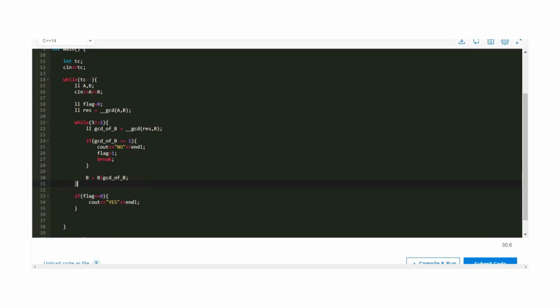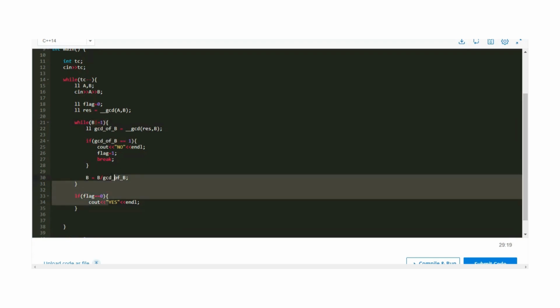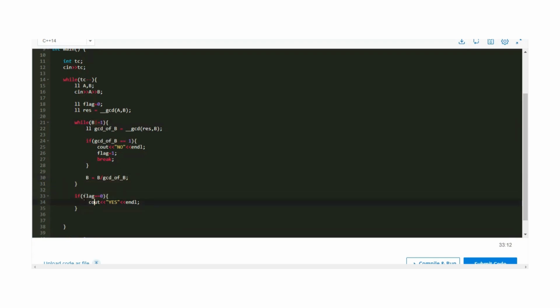And at last, when our b becomes 1, as the GCD of b is also 1 and b is 1, we will print yes. When our flag is 0, this is the termination condition, so we print yes. So this is the actual implementation part of this question.